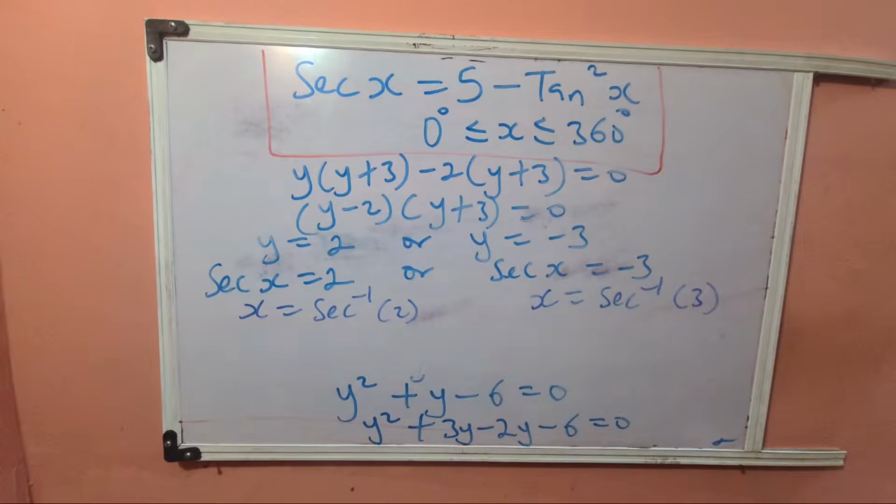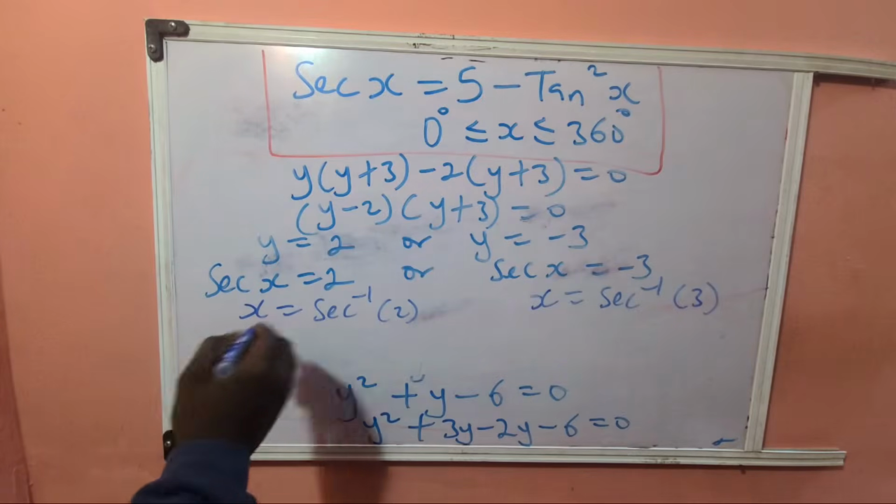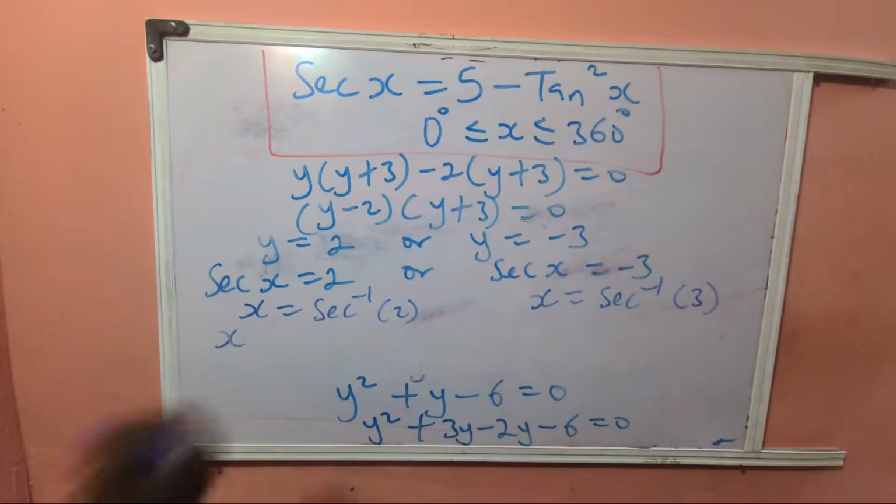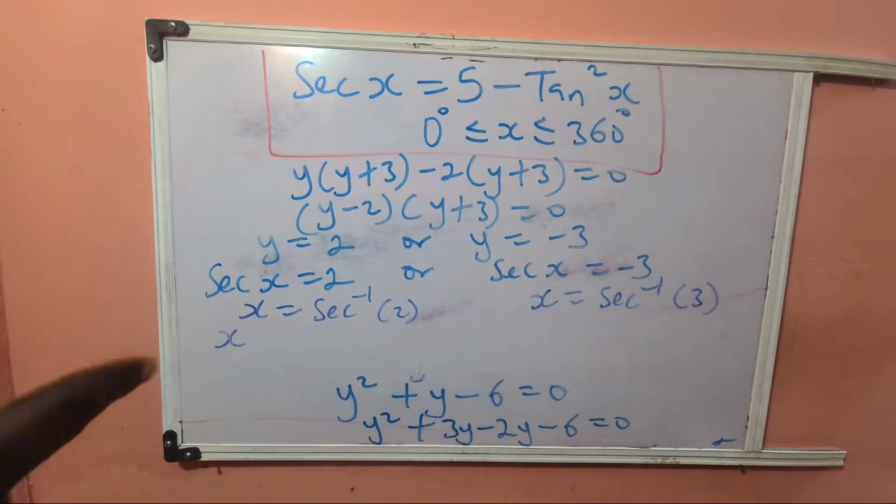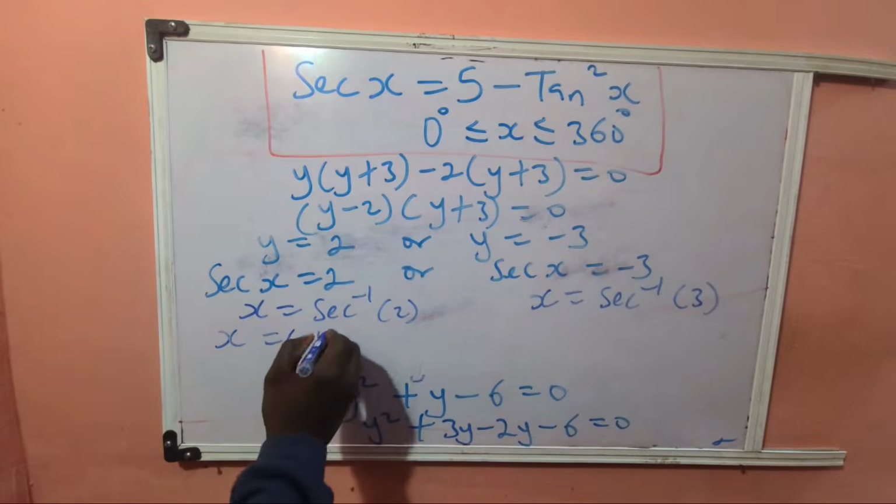All right. So now you don't have sec on your calculator. So what do you do here? I told you that when you have a situation like this, instead of using sec, you use the reciprocal of sec, which is cosine. So you'll be using arc cos.